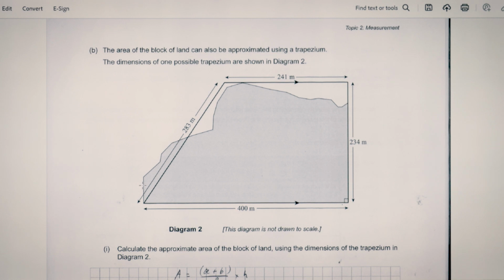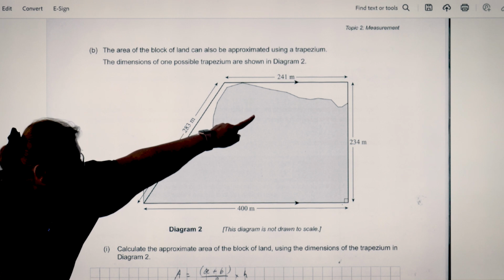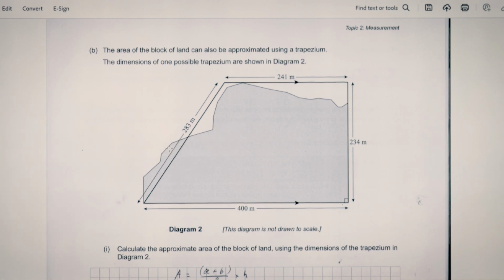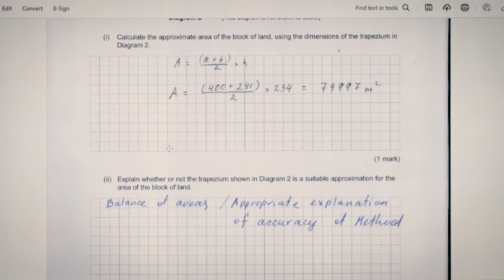And here you can see this area here, okay, probably I can move it. This area probably fits in that white area, but this is over. So the answer we are looking for is: no, it's not suitable, because of the balance of the areas.